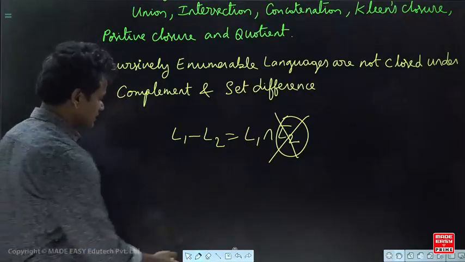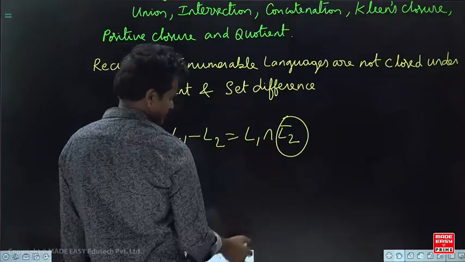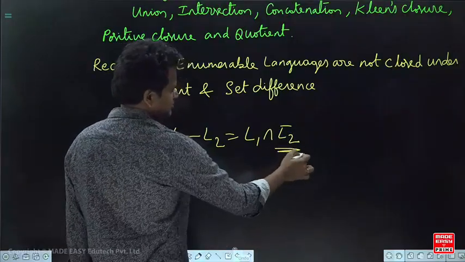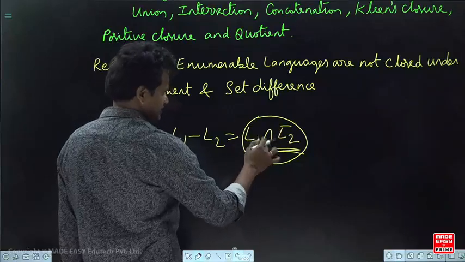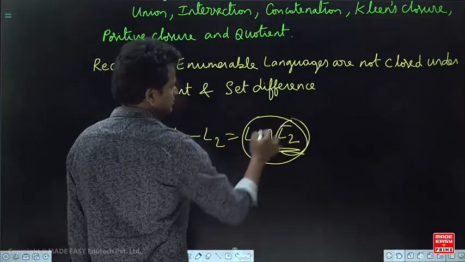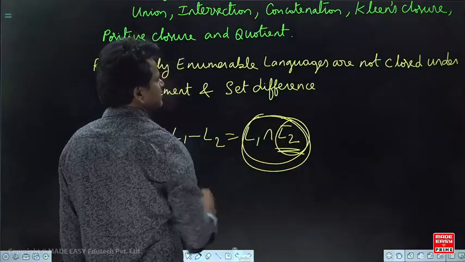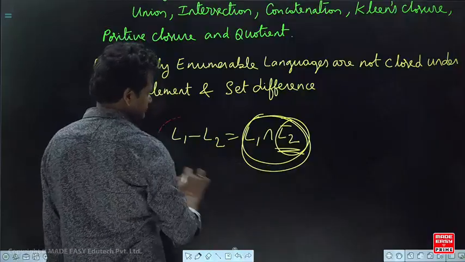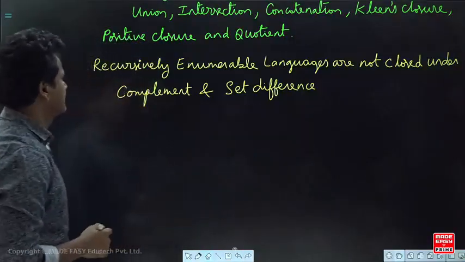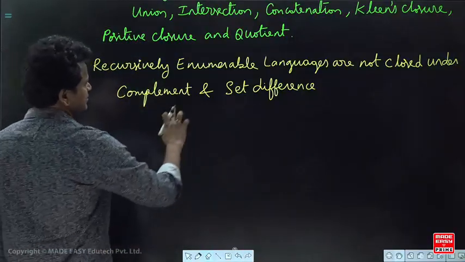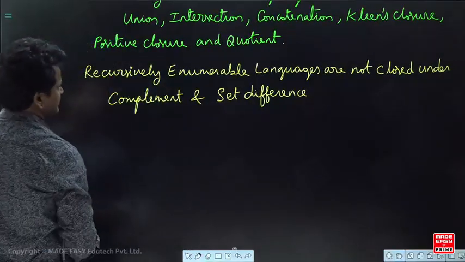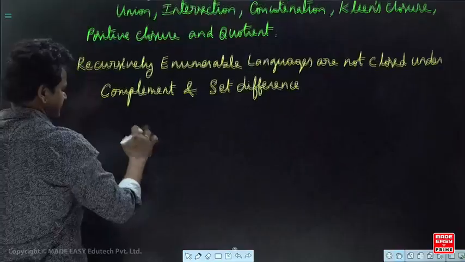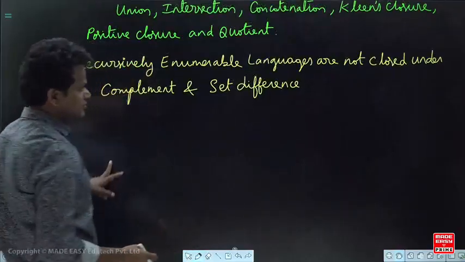Because complement is not closed, this total may not be REL. So whenever a language is not closed under complement, go for set difference also. Now these are the closure properties.